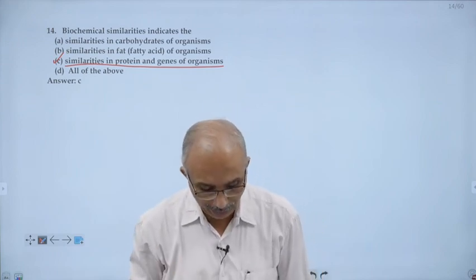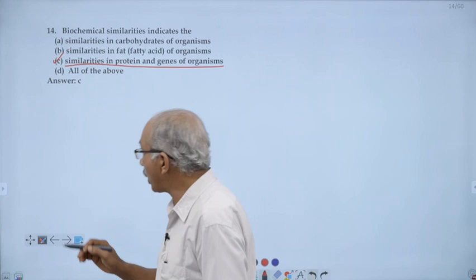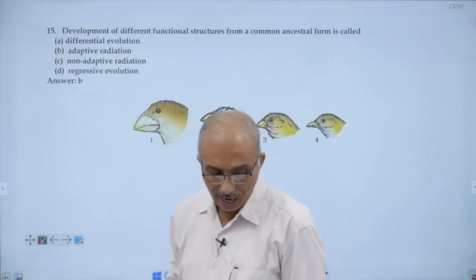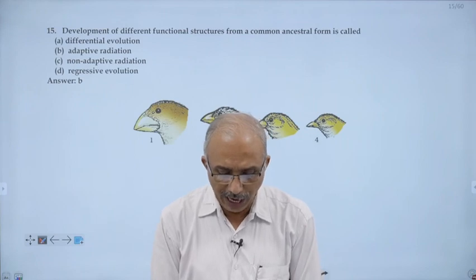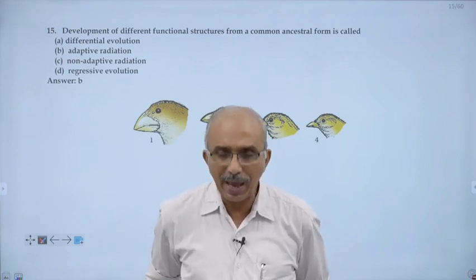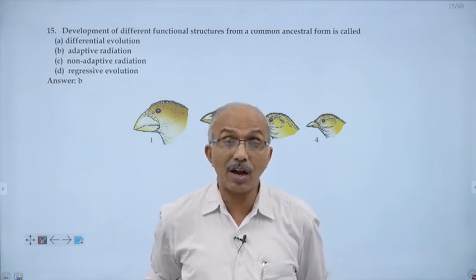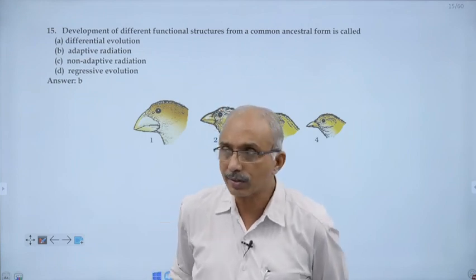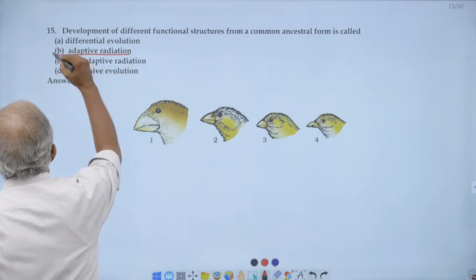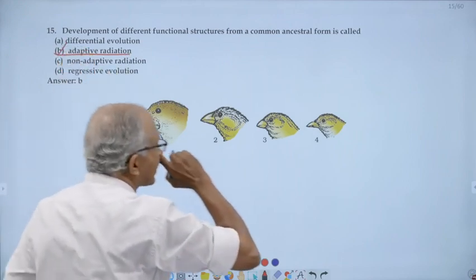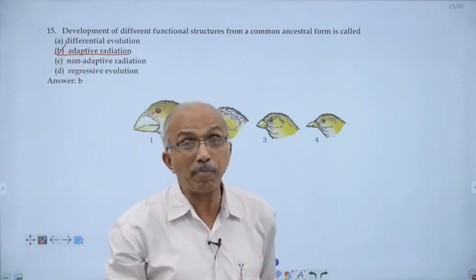That's about it. Next, question number 15. Development of different functional structures from a common ancestral form is called adaptive radiation.